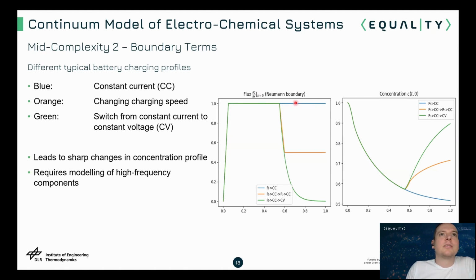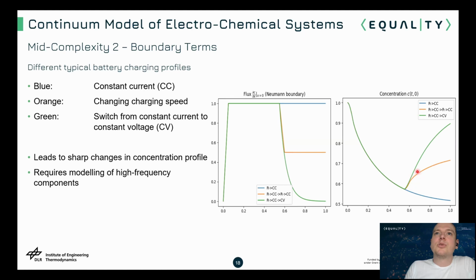Now, if we change the flux, for example, to a lower current at the boundary, then what happens in the temporal evolution of the concentration at this boundary is that instead of having this very smooth decay of the concentration, we have this sharp bend at the moment where we change the current. So we have a very sharp bend in the temporal evolution of the concentration.